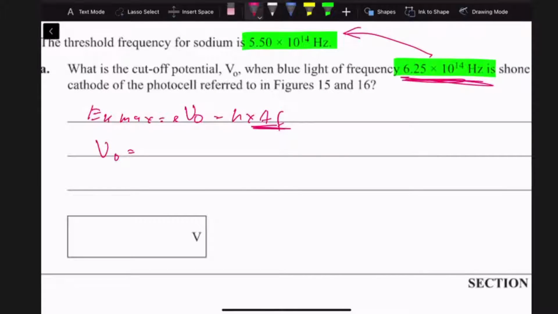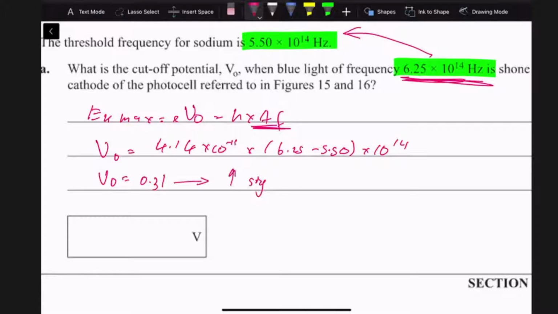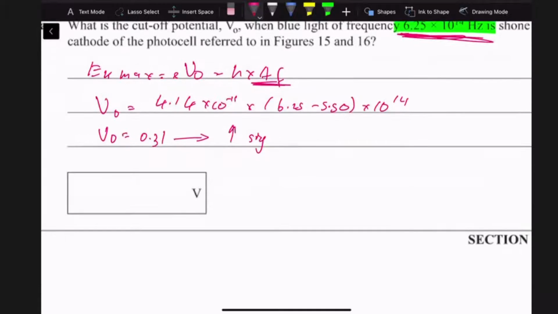So that's why we use minus, and then just put h there, and then 6.25 minus 5.50 times 10 to the 14, and then you get 0.31. And again, I think you could have used one more sig fig because of the values we've used, but I think they just wrote it to 2 in the answers.